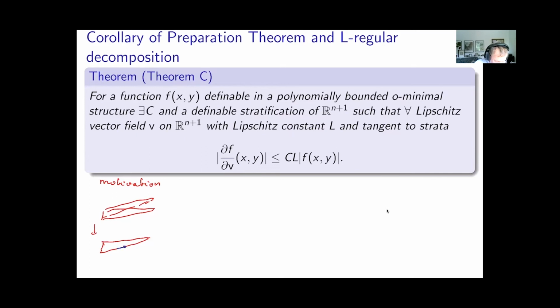Now I would like to have the following property. When I take the Lipschitz vector field downstairs and I lift it, if these are graphs of functions, the lift is unique, and I would like the lift to be Lipschitz as well.